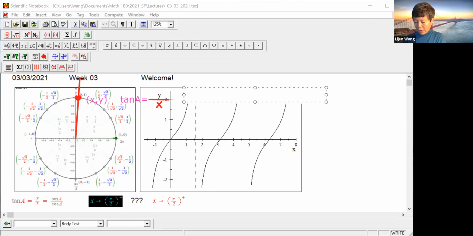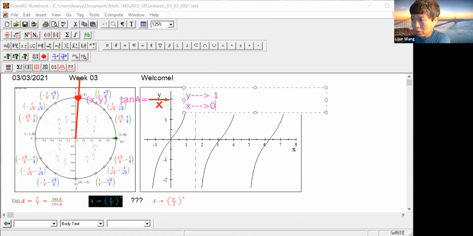The y value is approaching 1. And the x value is approaching where? It's approaching 0. Do you see that, the coordinate? So approaching 0, right?